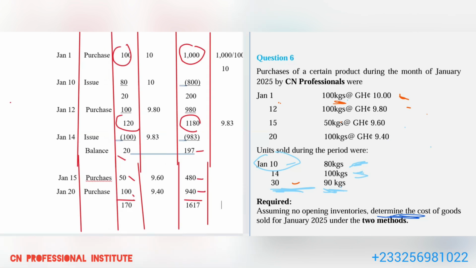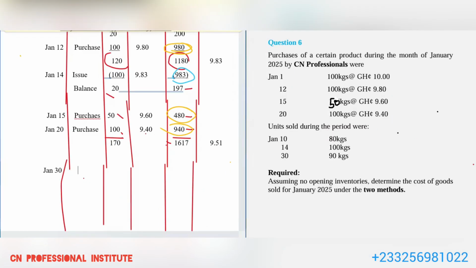When you divide, you should get 9.51. Okay, this 1617 by 170 to get this. And that's what we are going to use for the last issue. And that's January 30, right? So there was an issue. How many units? 90.